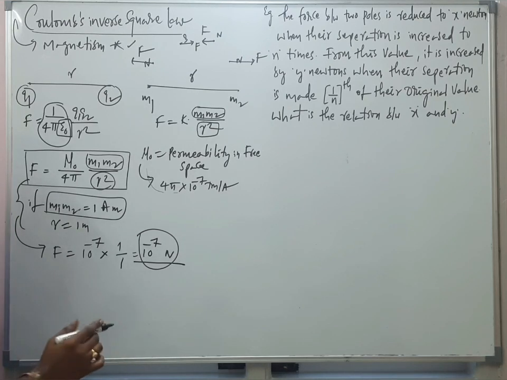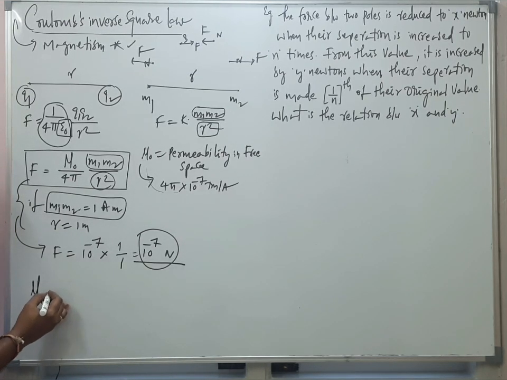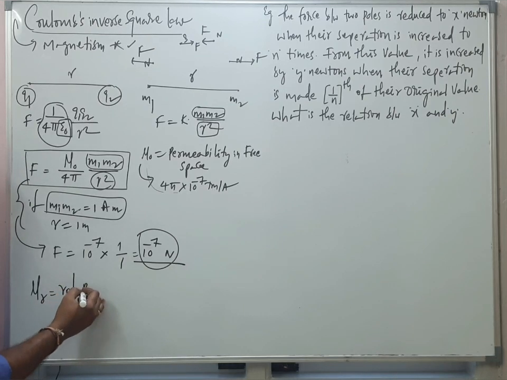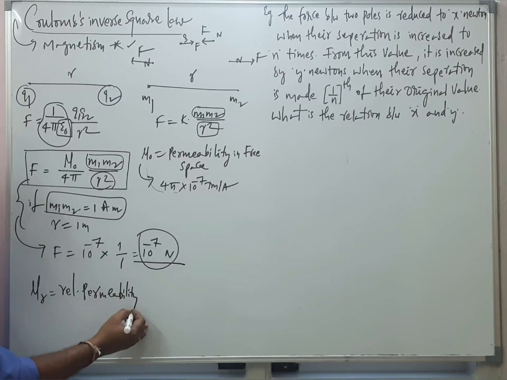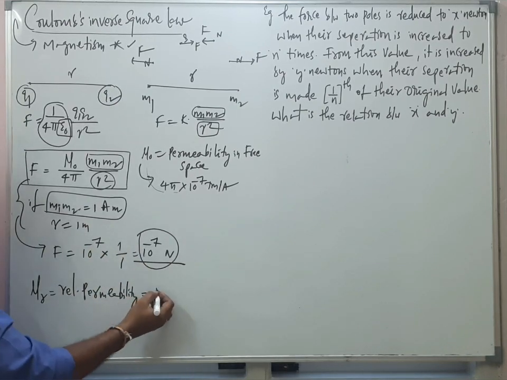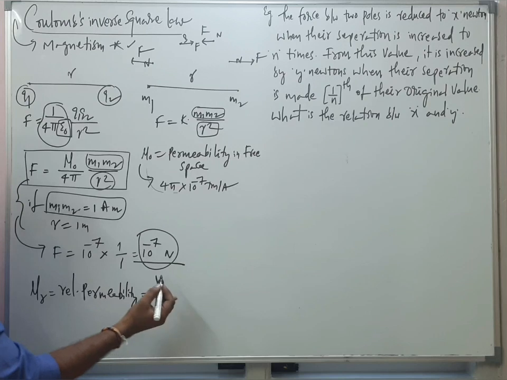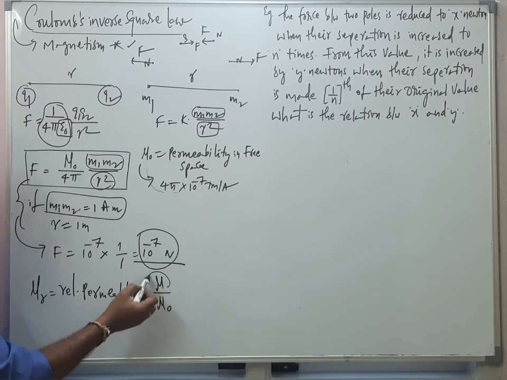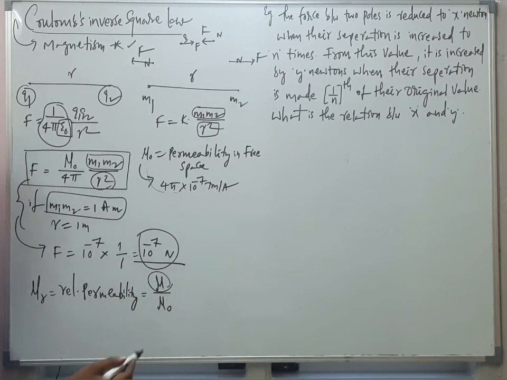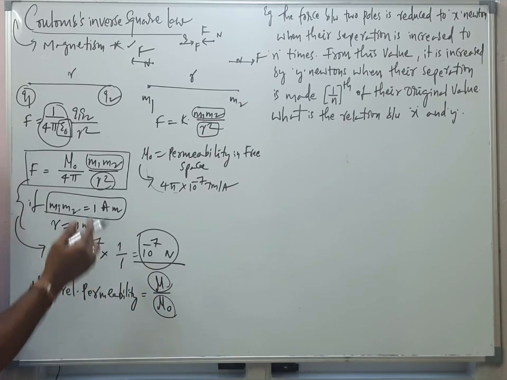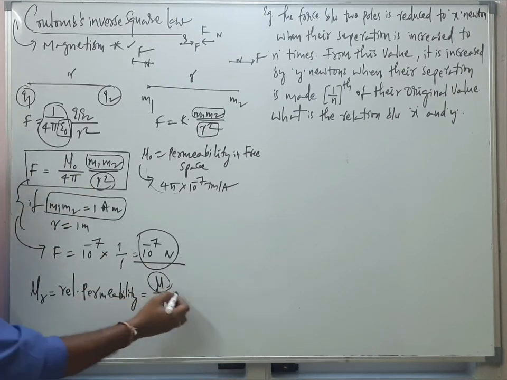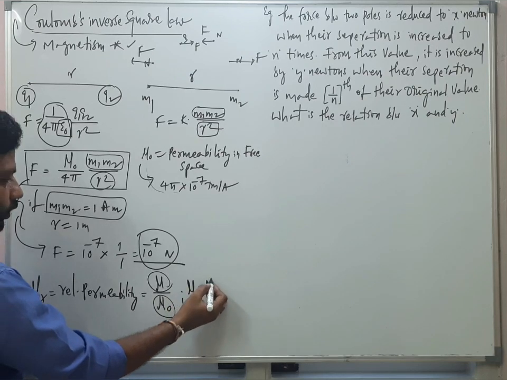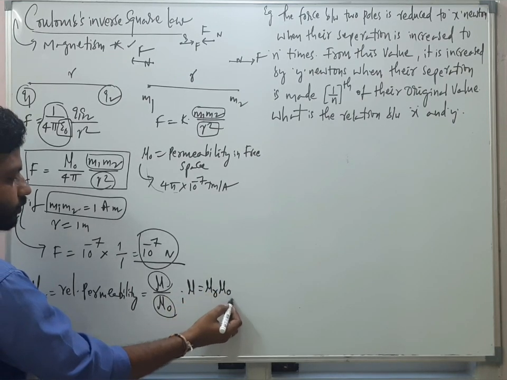Okay, so you know the concept of mu R, relative permeability, which is equal to mu by mu naught. Mu is the permeability in a medium, and mu naught is the permeability in free space. In most cases, we get questions related to permeability in free space, but sometimes you can expect this also. From here, mu is equal to mu R into mu naught.